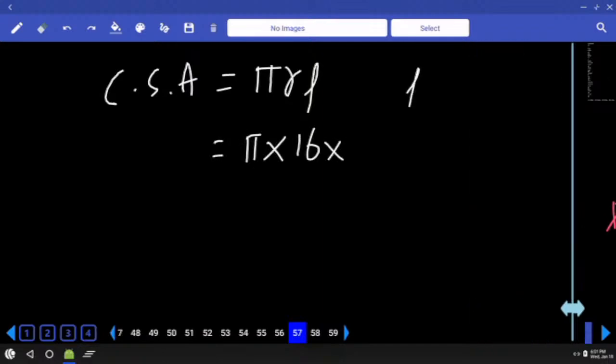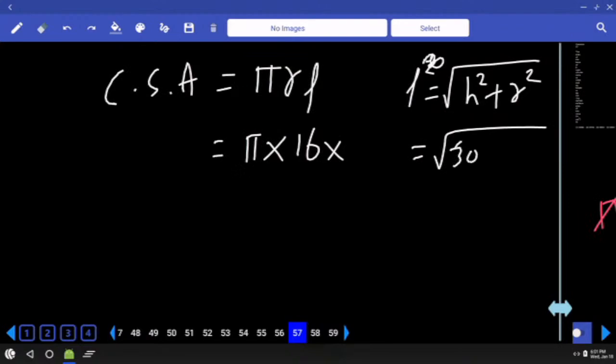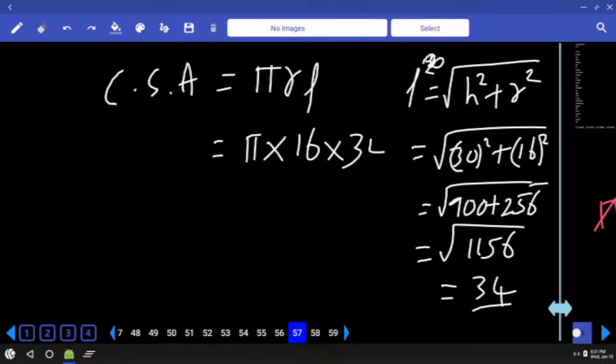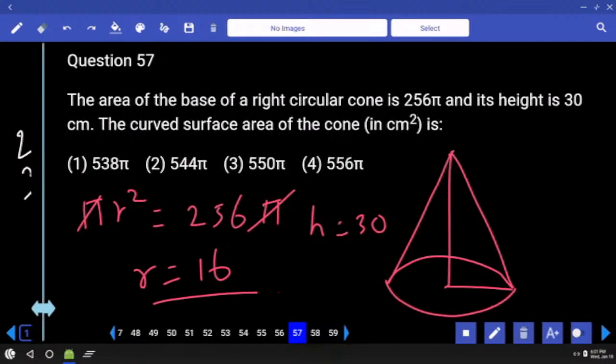We know that L squared equals h squared plus r squared, so L equals the root of 30 squared plus 16 squared, which is 900 plus 256, the root of 1156, which equals 34. 34 times 16 is how much? 544. He has given all the answers in terms of pi. 544 pi centimeter squared is your answer. Second option.